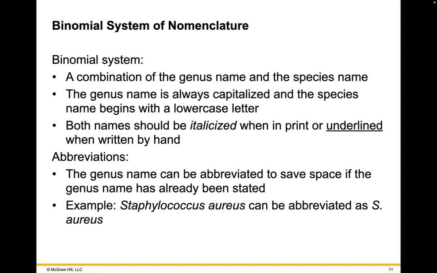Homo is your genus name. And we do abbreviate these. So Homo sapiens can be abbreviated H. sapiens. And so we see this with Staphylococcus aureus. It can be abbreviated to S. aureus, and that is a type of bacteria.